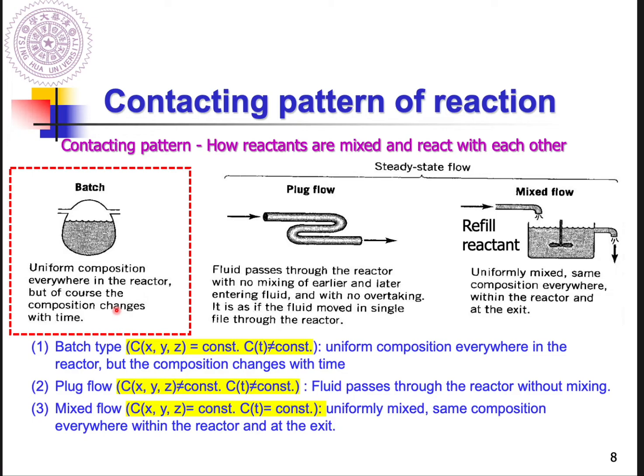In this kind of contacting pattern, the concentration inside the beaker is uniform, and the concentration also changes with time. That is what we are interested in. We want to know how the concentration changes with time, so we use a batch type here.